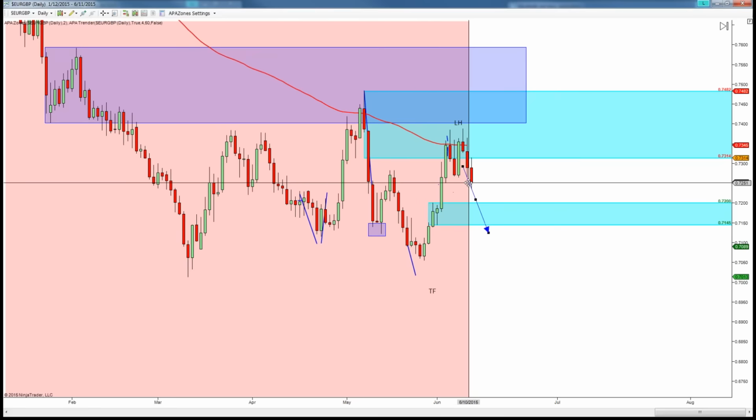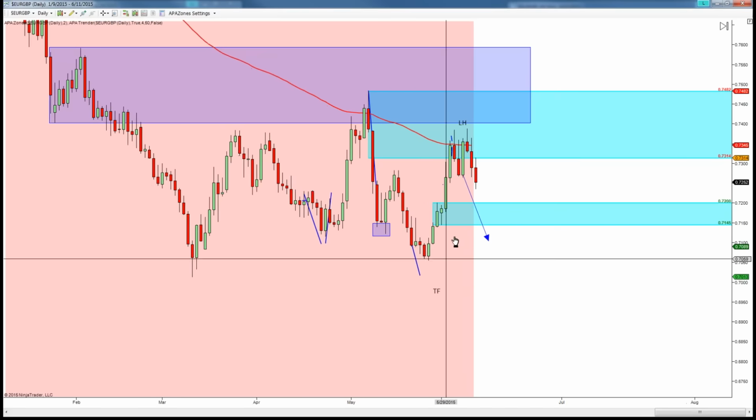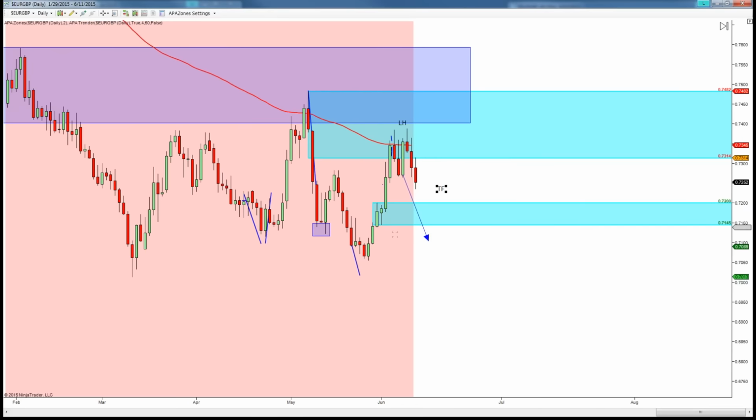I still like the idea of the trend follow to the downside. I will be watching this aqua zone here. But something very interesting is happening on this market as far as, you know, like this could be a pretty good push down, or we could find support right in there.